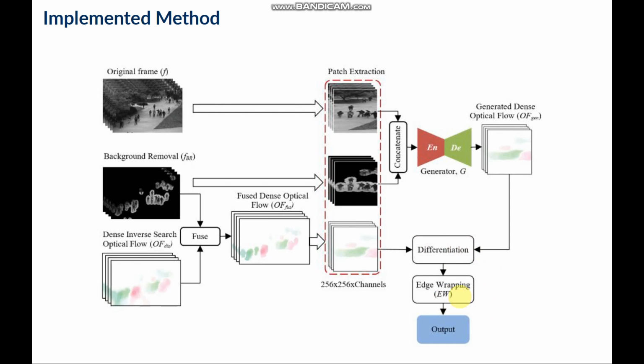And the edge wrapping module is a pre-processing step that tries to wrap the redundant edge in the output frame of the differentiation module. So the output will be more clear. The abnormal region will fit the object edges better.